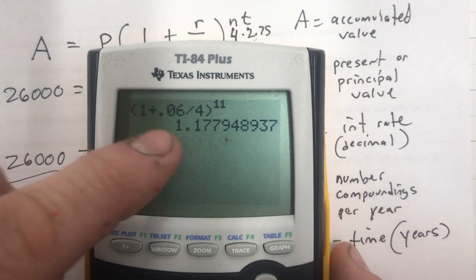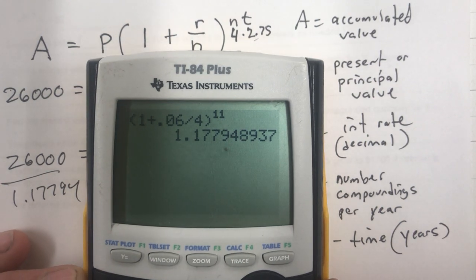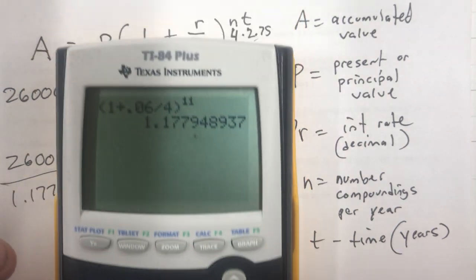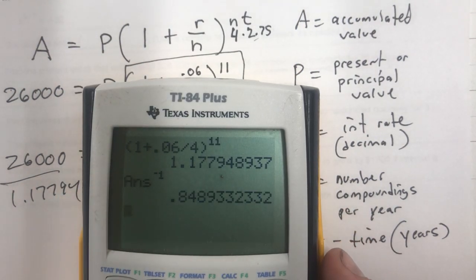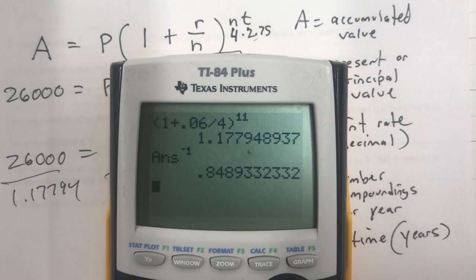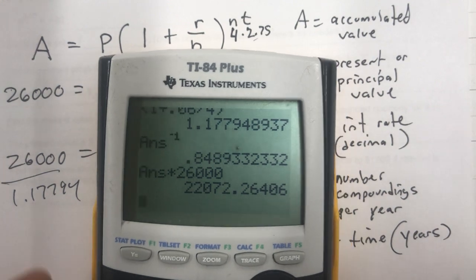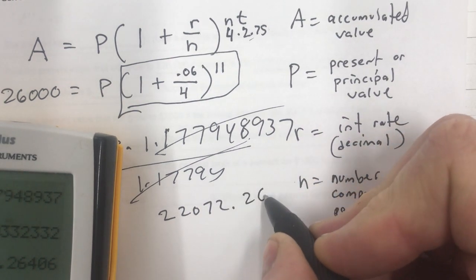Now since I've got that on the calculator already, I'm just going to do this. Let's see here, x to the negative 1, I'm looking for this button right here. I'm going to hit that, which flips this thing and divides. I'm going to times it by 26,000. And there you go, 22,072.26.